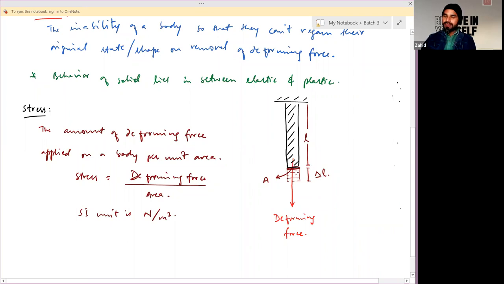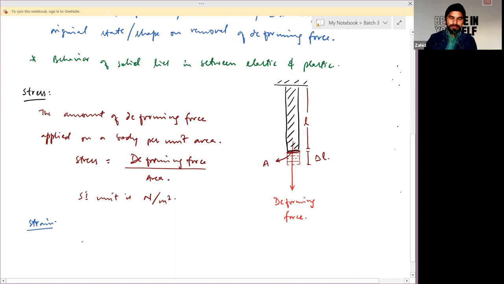Now, due to this particular stress, there is deformation in this rod by delta L. If you relate this deformation with respect to its original length, we may define another term, that is strain. So strain basically defines the amount of deformation produced in this solid with respect to its original shape. So it is nothing but the ratio of deformed shape to the original configuration.